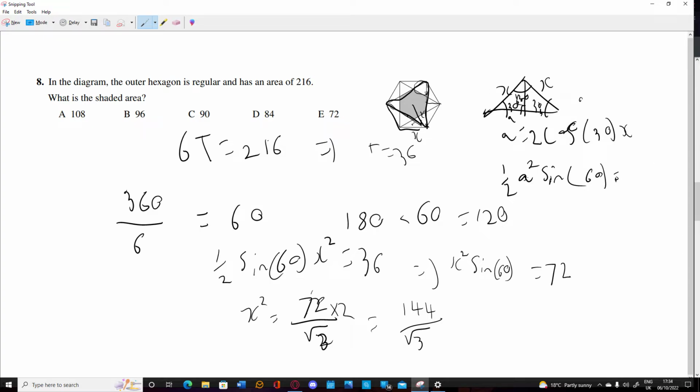Now we want to minus the area of these smaller equilateral triangles. Area of the smaller, what have I done? Solved it just a couple of days ago. So you see, it's equilateral, so it's going to be equal to this x.